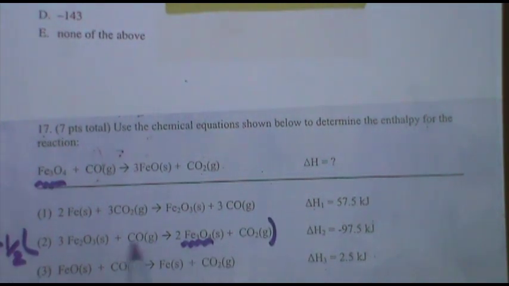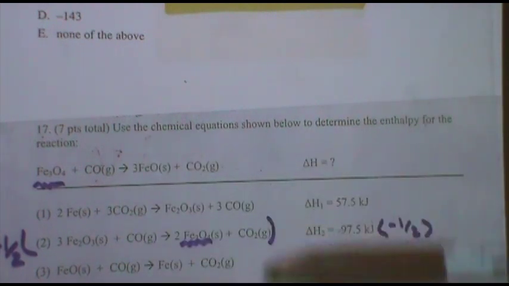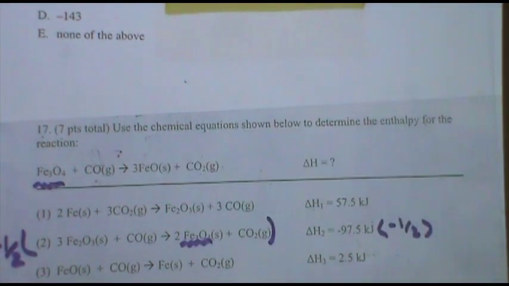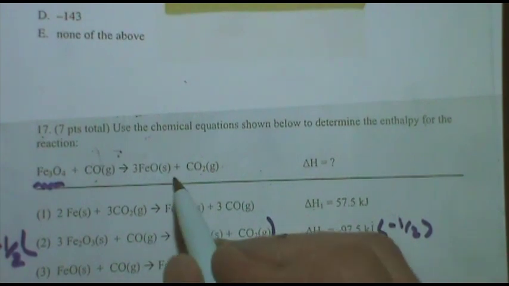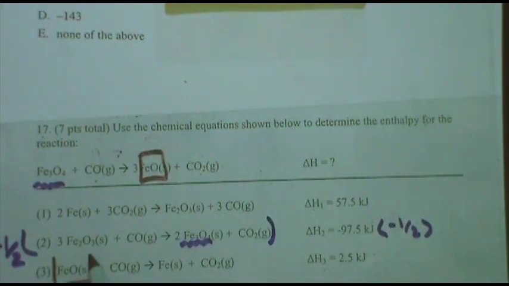Minus means it flips, and 1/2 will mean there's one of them in the reactant. So this will multiply by minus 1/2. All right, next, would I pick CO? No, there's too many of them. Would I pick FeO? Yes, that will work. So I'll put a brown box around it.